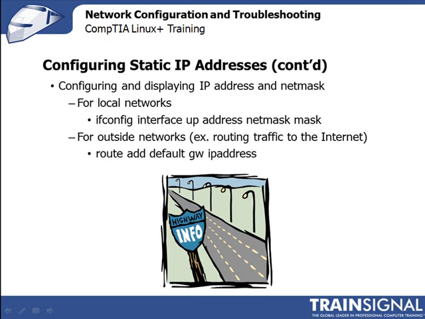This will set things up just fine for local networks, but if you need to route traffic outside of that network, for instance to the internet, you use the route command. And the syntax is route space add space default followed by the gateway followed by the IP address. Let's head back over to our terminal and try out these commands.